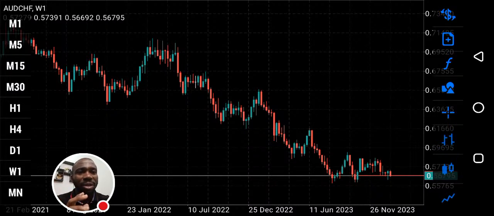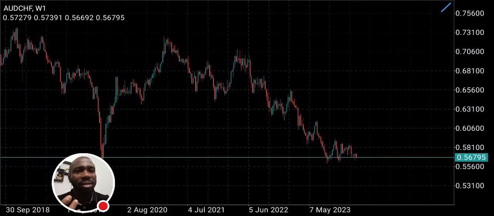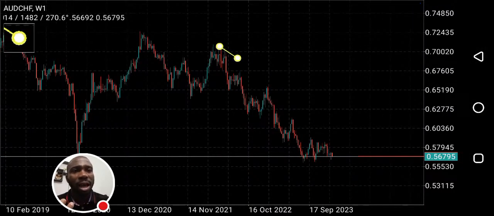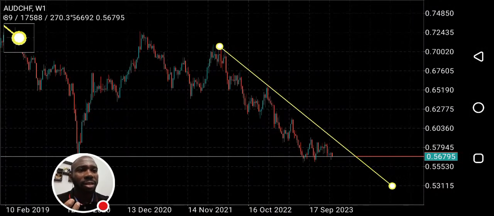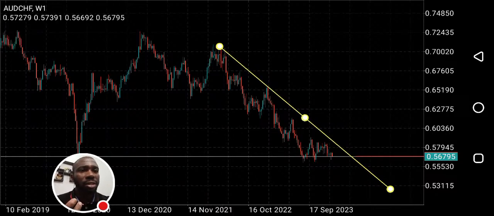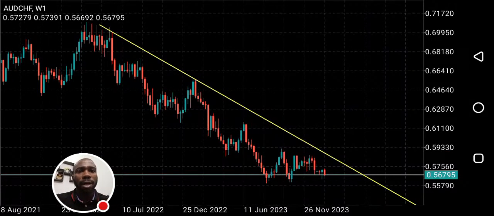If you apply the trend line from this high, you can see it is bearish. So Australian dollar CHF is bearish. Let's go down to a lower time frame and see what we have.